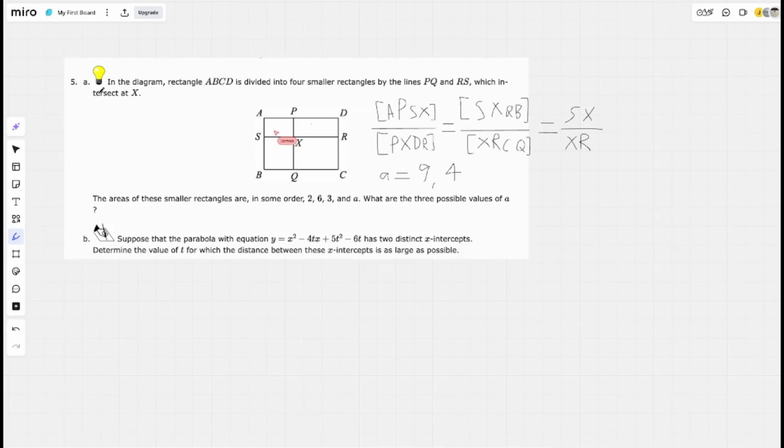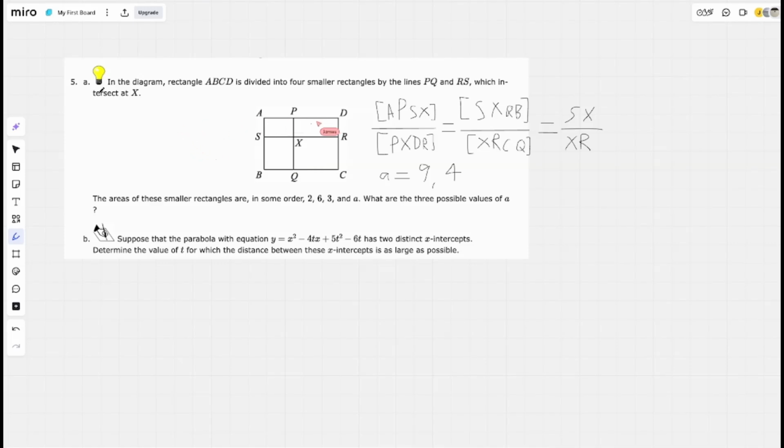So if 6 was in the corner, for example, we have 6, 2, 3. That's one possibility. Or perhaps we move the 6 over here, same thing.